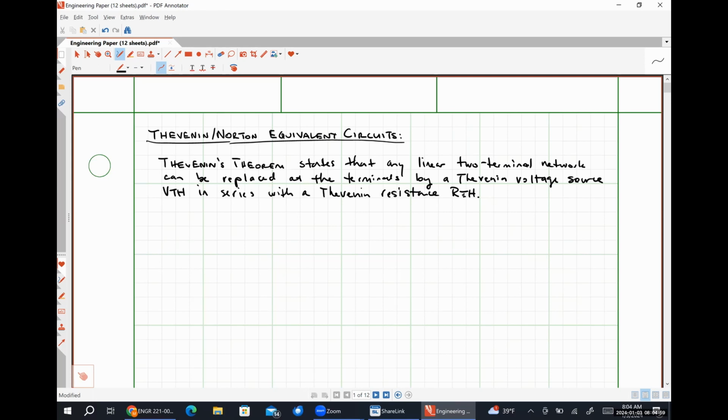So now we need to talk very briefly about how to determine the Thevenin voltage and how to determine the Thevenin resistance. Okay?